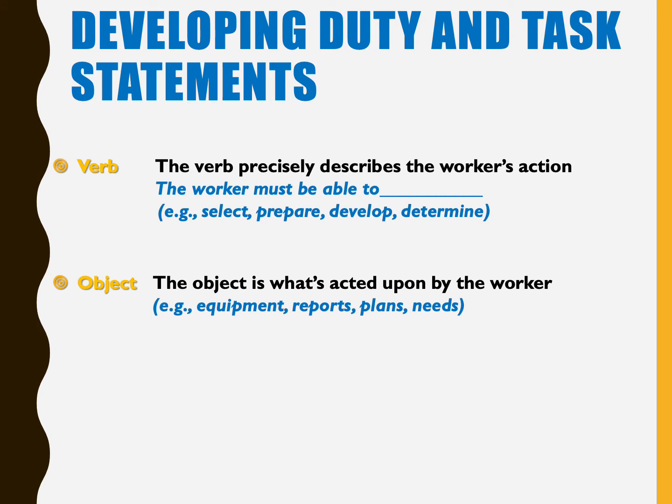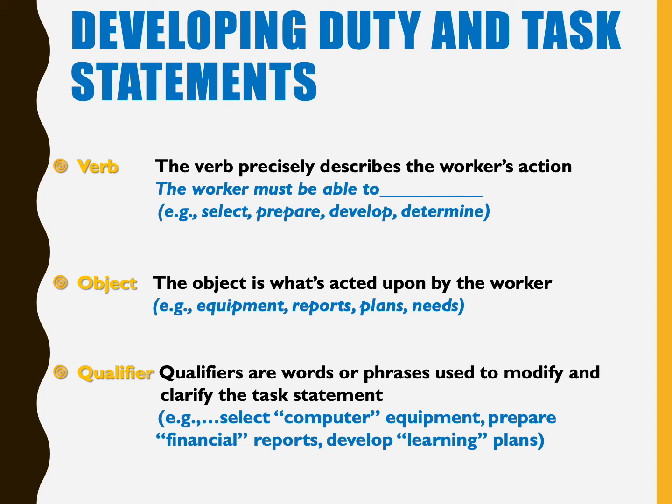Each of those task or duty statements will also contain an object, which is what is acted upon by the worker. For example, the worker might select equipment, prepare reports, develop plans, determine needs.